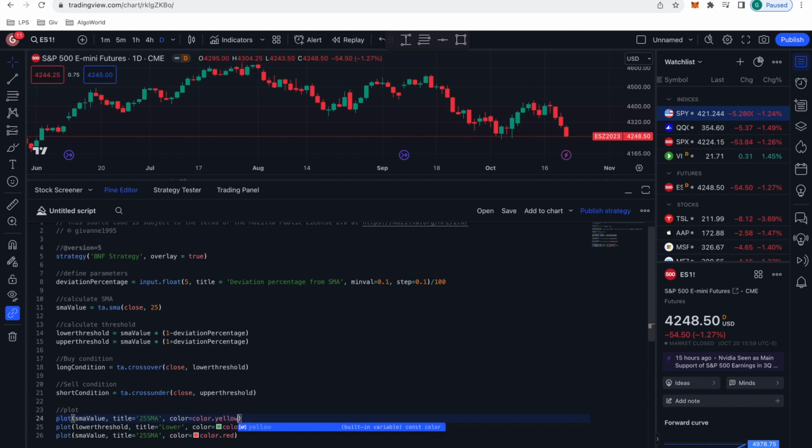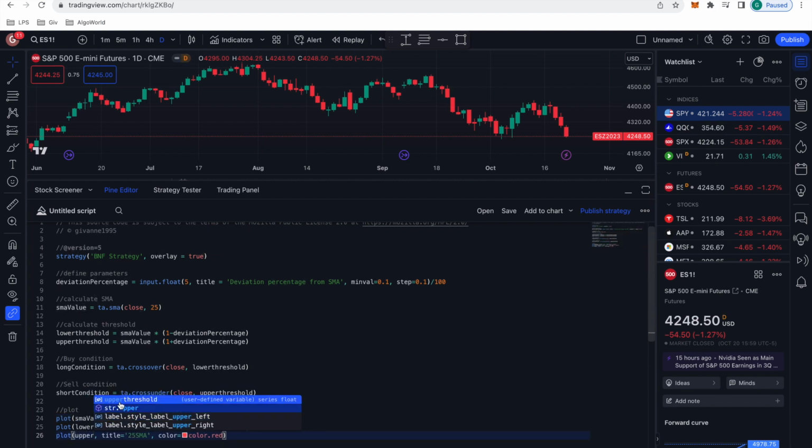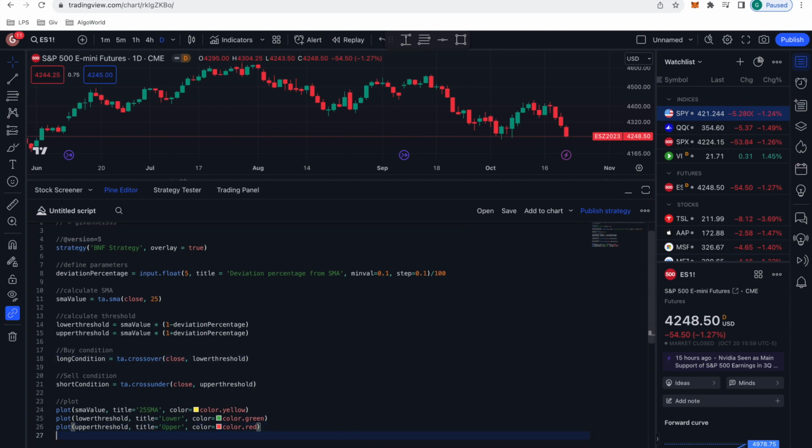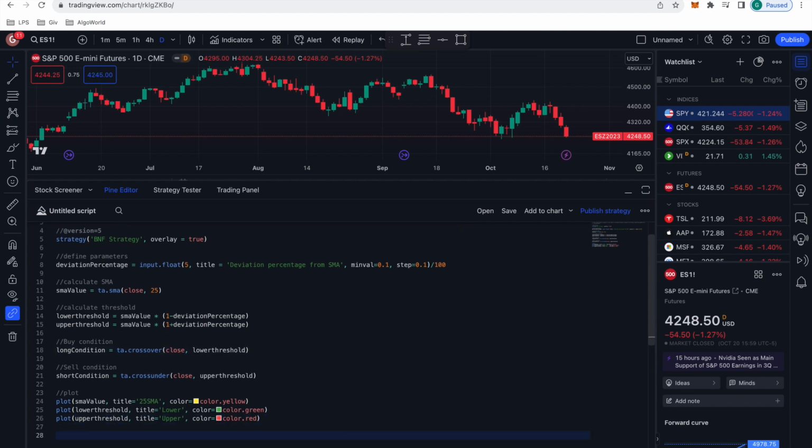Because I want to make the upper red, because this is where we're going to be selling, right? So I just want to make it red. Titled upper. Yeah, because I just want it to be the common colors that we know.